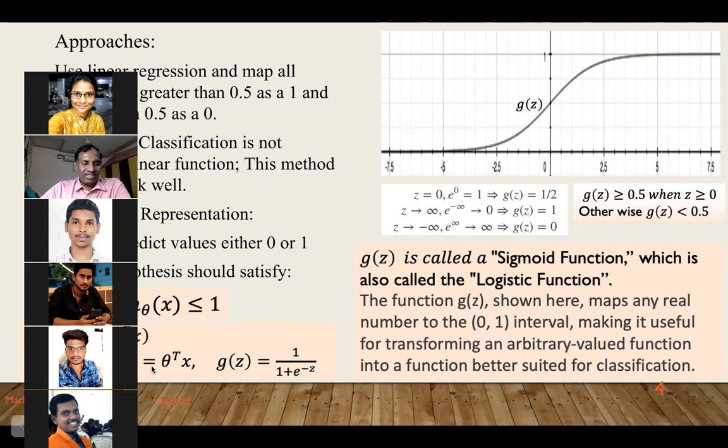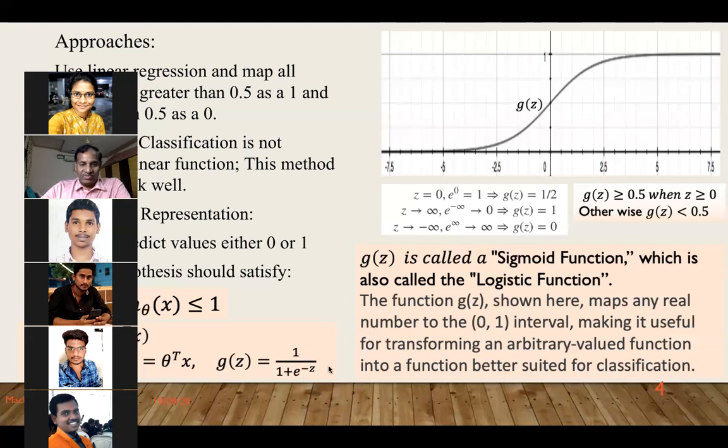If we write z, z means our y predicted, but it is not y predicted here, because we are just getting some z value based on theta transpose x. When you apply the g function, that should be transformed into between 0 and 1, because we want to transform that into the probability. So g of z equals 1 by 1 plus e power minus z.